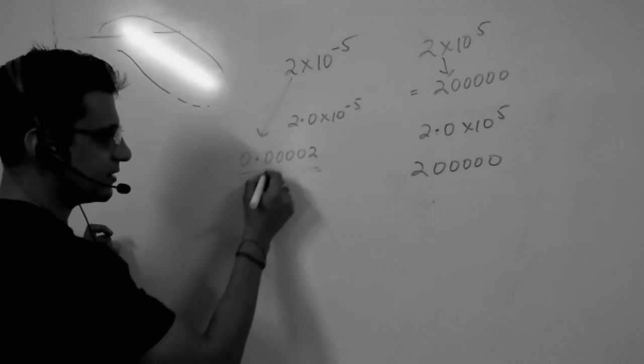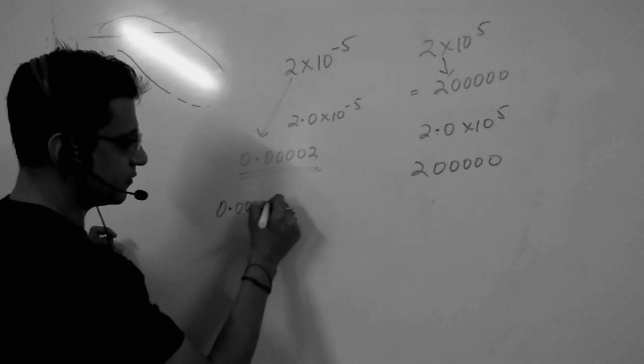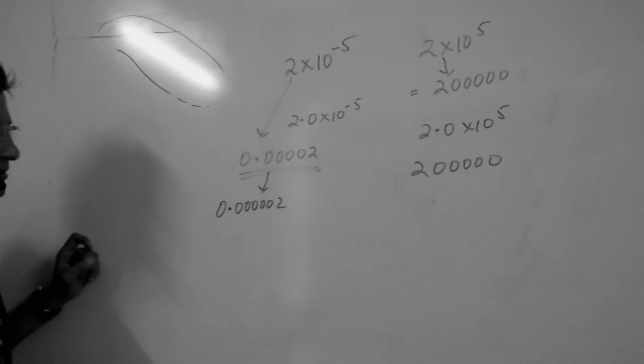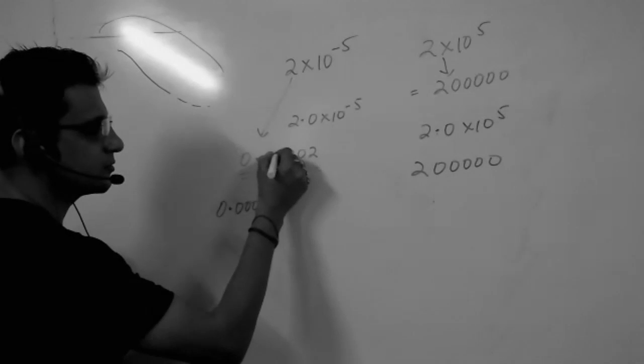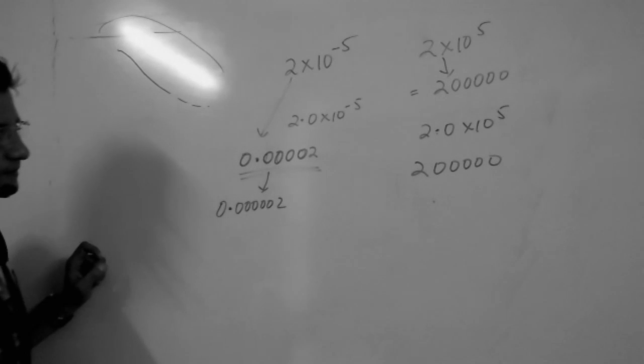Which one is bigger? This one or 0.01234552? Which one is the bigger number? This has 4 zeros and this has 5 zeros. Tell me, which one is bigger?